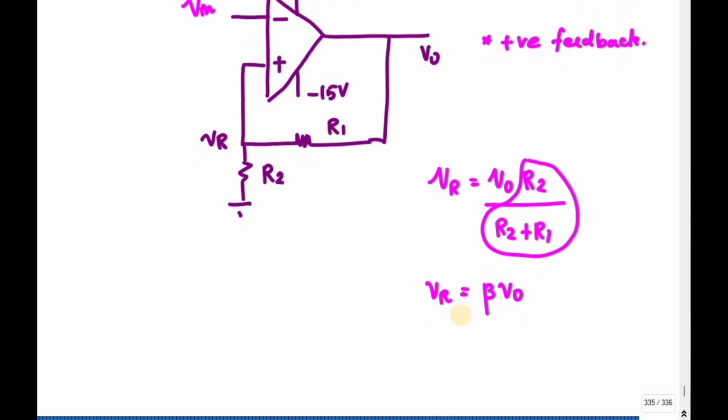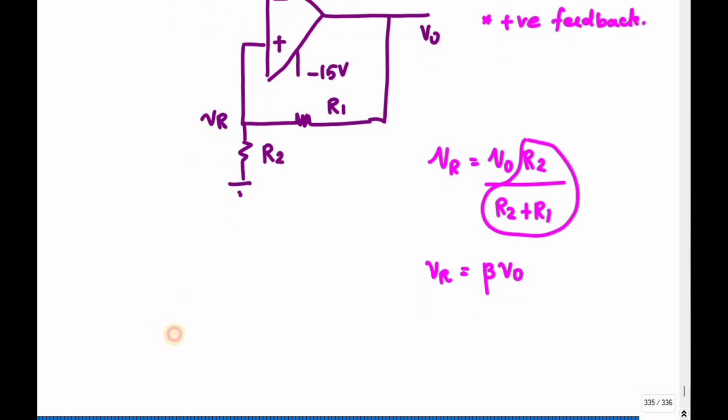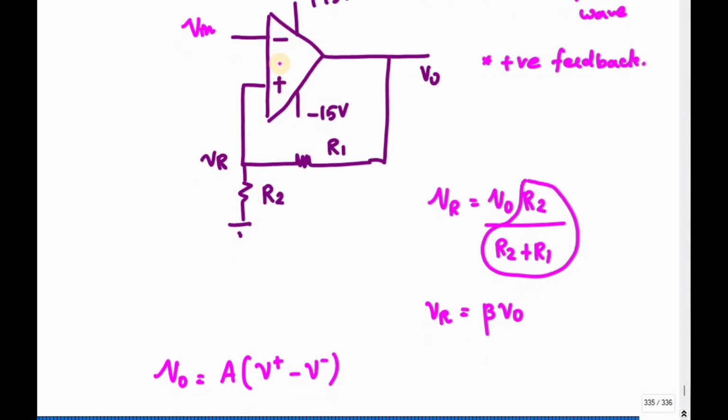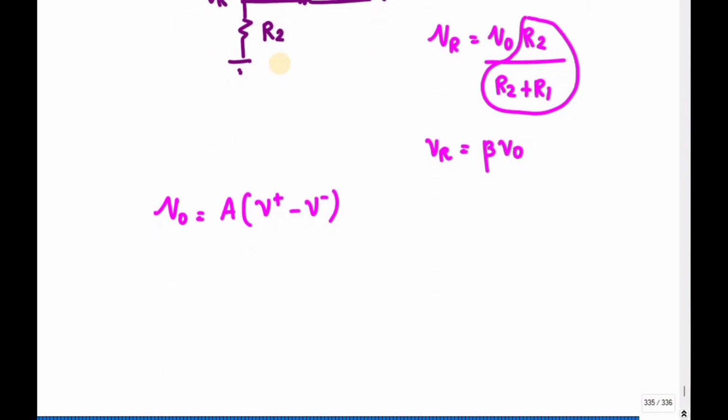So I need to find what V naught is. We know that V naught is equal to A times (V plus minus V minus), where A is the voltage gain. V plus represents this terminal and V minus represents this one.